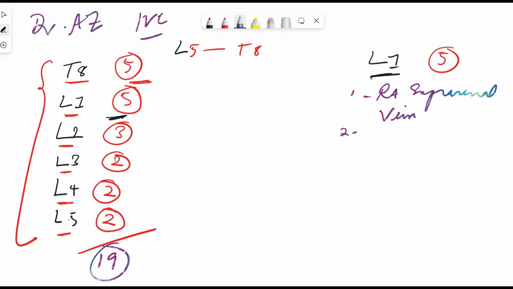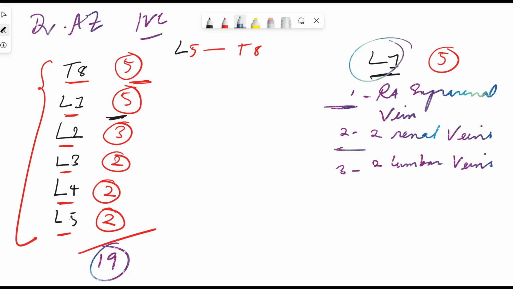Number 2, we have the pair, or the 2 renal veins. And number 3, we have a pair, or 2 lumbar veins. Easy, right? So the right suprarenal vein and the 2 renal veins enter at the level of L1, and at the level of L1 also there are 2 lumbar veins.